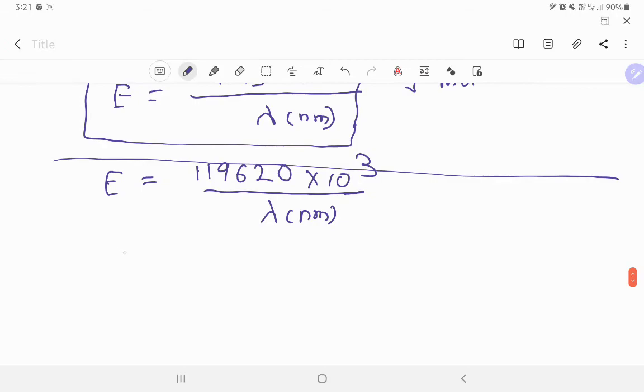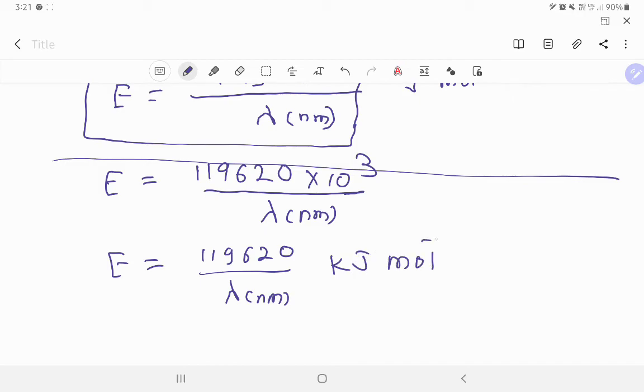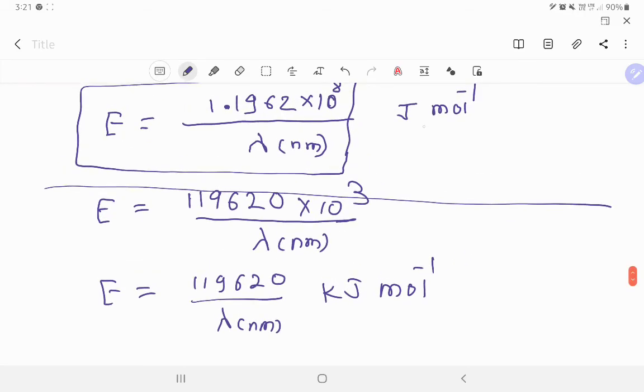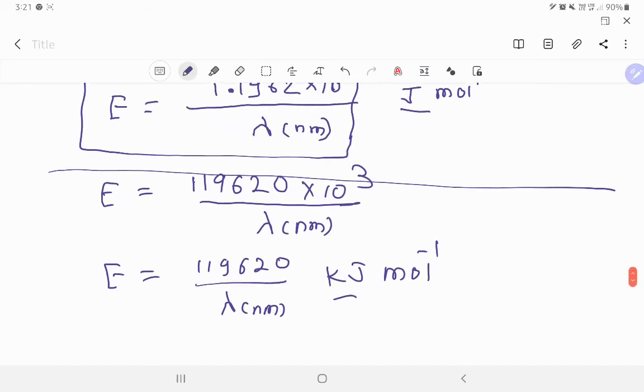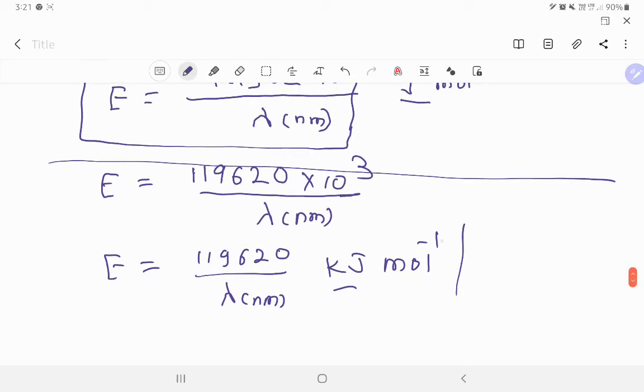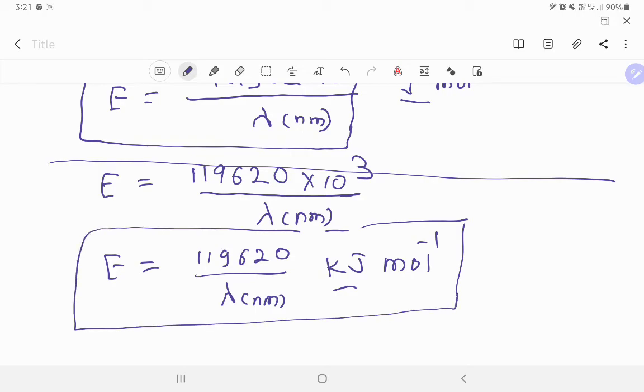Or you can write E is equal to 119620 upon lambda in nanometer kilojoule per mole. We are converting joule to kilojoule. With 119620 upon lambda in nanometer, you will get directly the value of one Einstein energy.